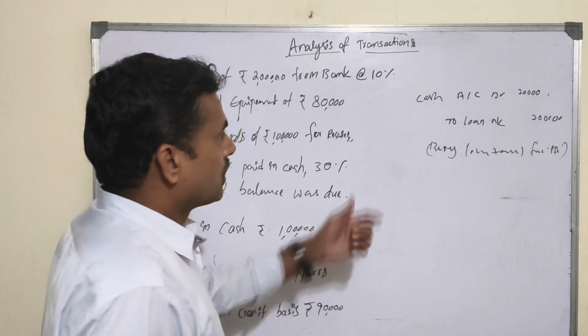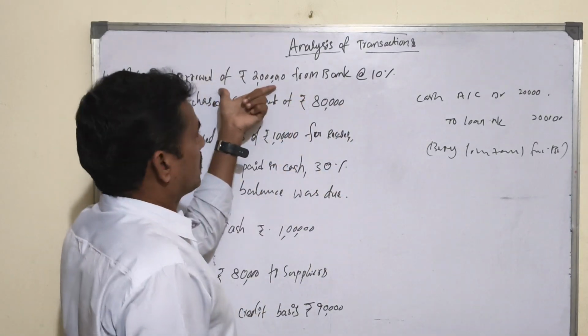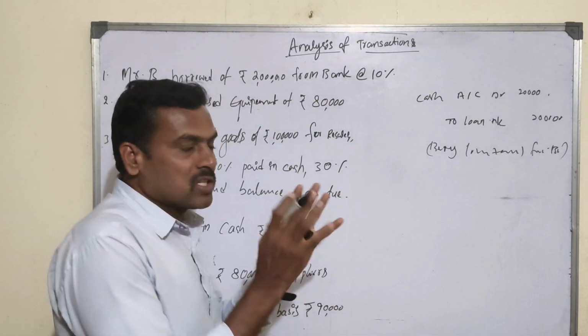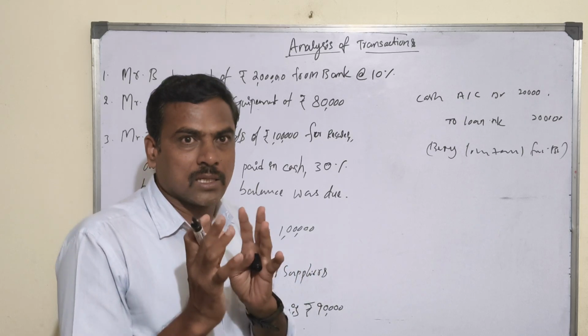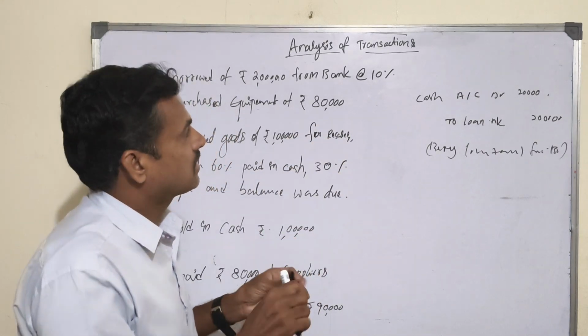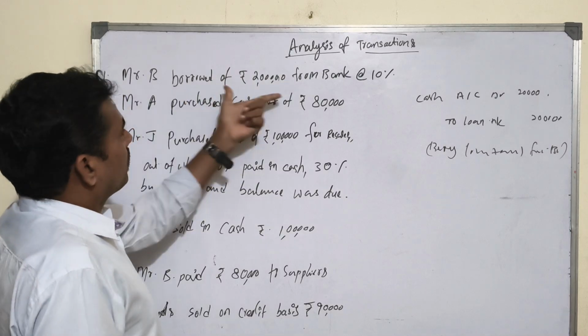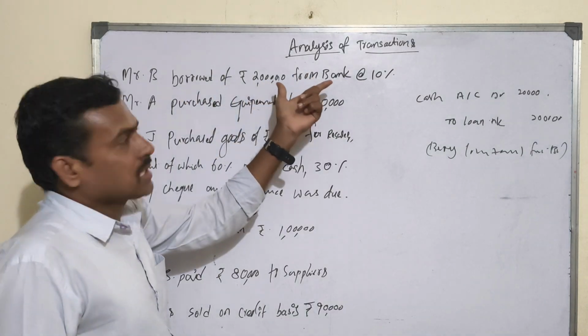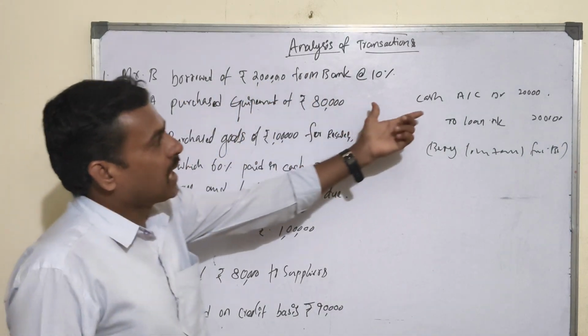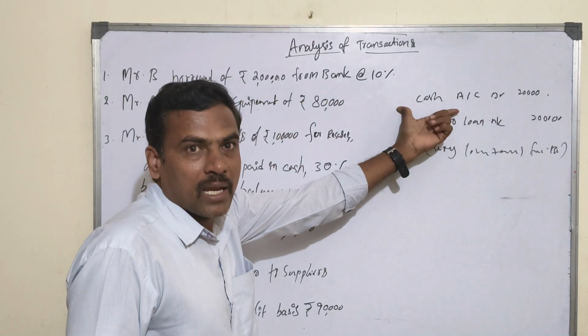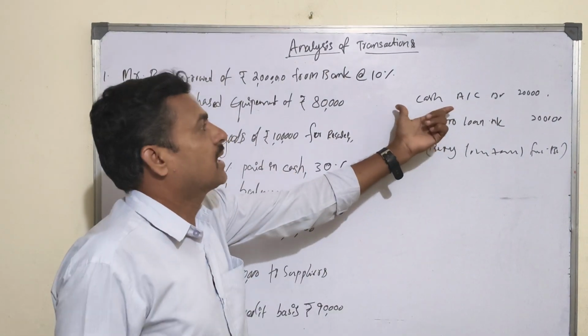So in this transaction, what are the changes brought about? Let's discuss and analyze. When Mr. B borrowed cash of rupees 2 lakhs into the business, my cash is increased. What is the nature of cash? It is an asset.